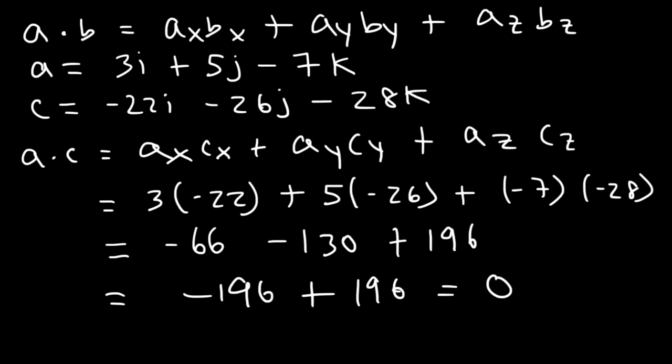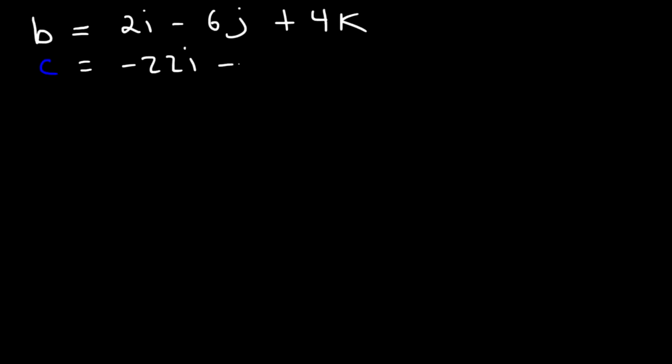Now, let's make sure that the dot product of B and C also is equal to 0. Vector B is 2i minus 6j plus 4k. And vector C, we know it's negative 22i minus 26j minus 28k.